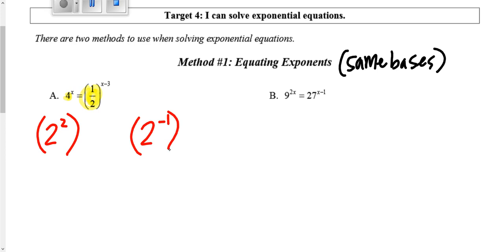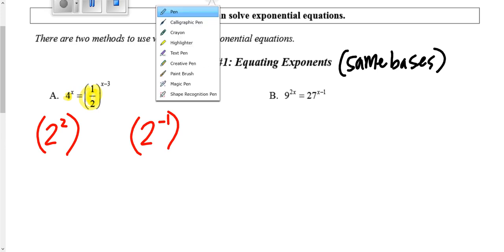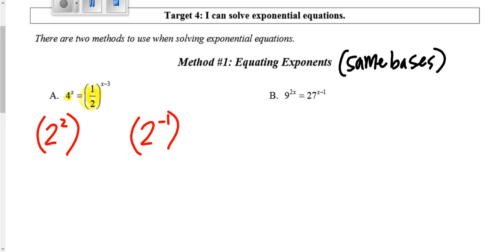So I've rewritten 4 as 2 squared and 1/2 as 2 to the negative 1. I haven't changed the meaning of either of those numbers, but they both have the same base of 2. And that's your goal here.